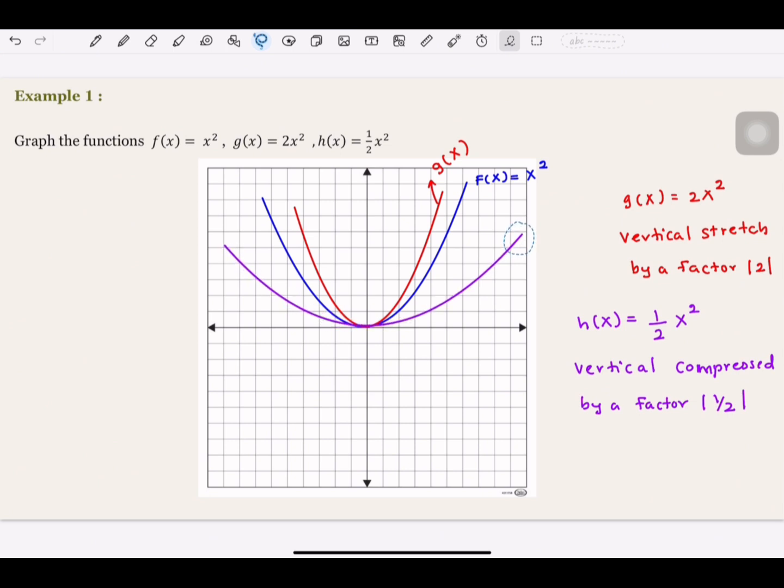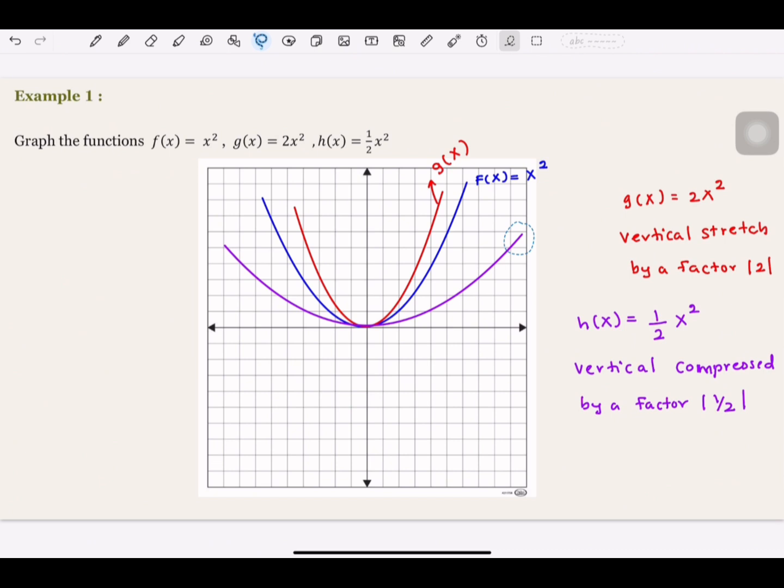Now you have all three functions in the same coordinate system. You can observe their shapes and compare them. This visual representation will help you reinforce how vertical stretches and compressions affect the graph. Now let's take another example.